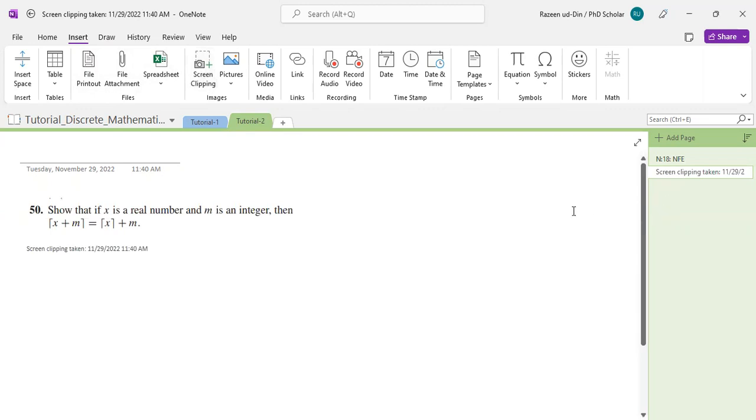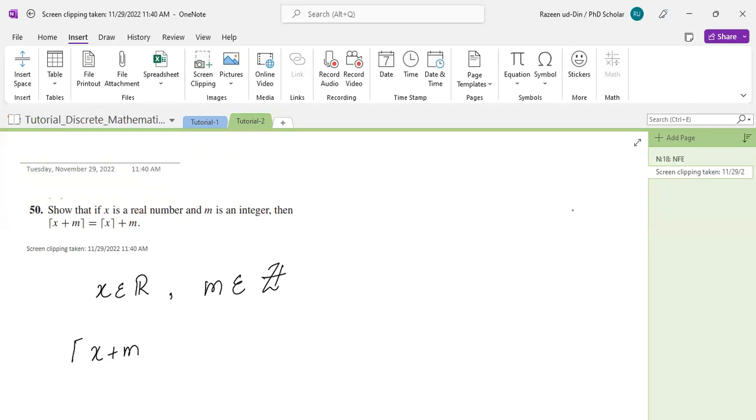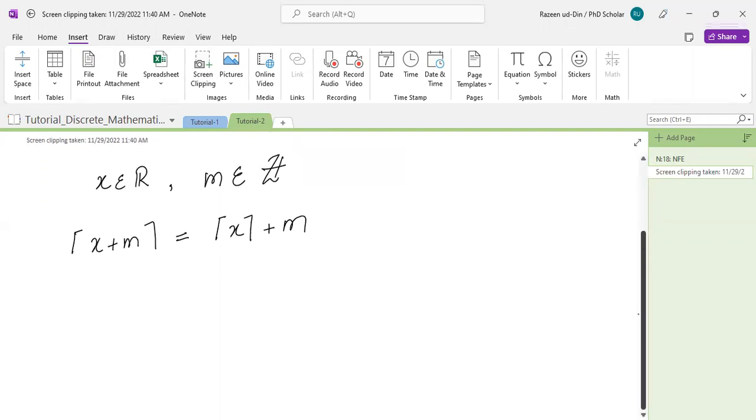Question 50 tells us to show that if x is a real number, so x belongs to the real numbers R, and m is an integer, m belongs to the integer set, then the ceiling of x plus m is equivalent to the ceiling of x plus this integer m.